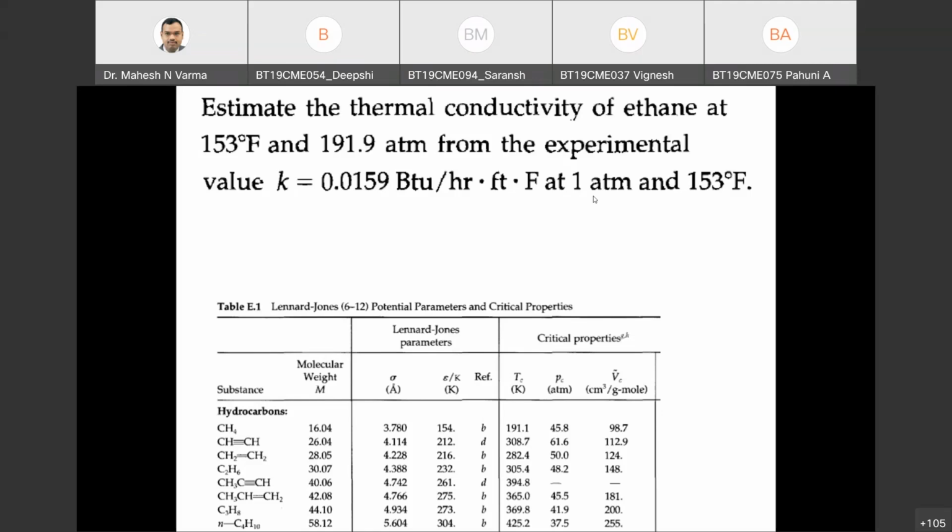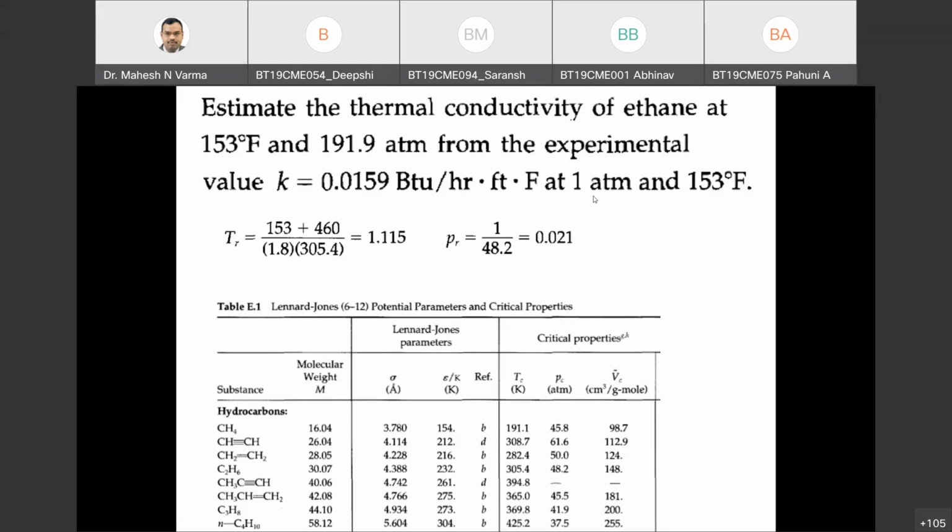Roll number 1, Abhinav. What is the value of reduced pressure and reduced temperature? Sir, reduced pressure is 0.022. And what is reduced temperature? Sir, it is 1.12.